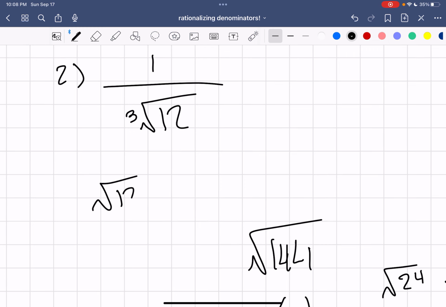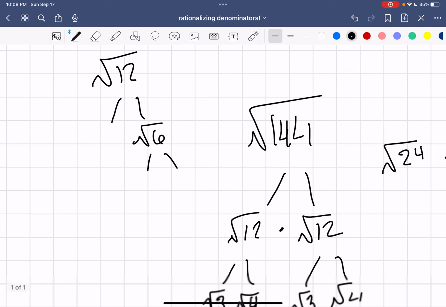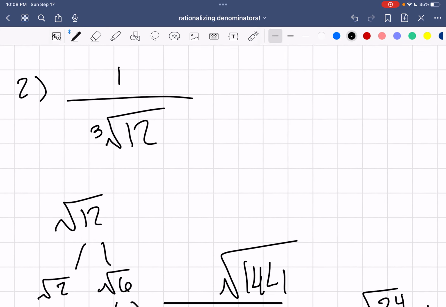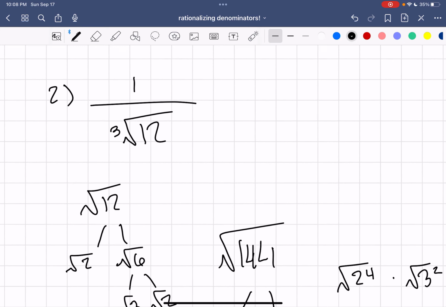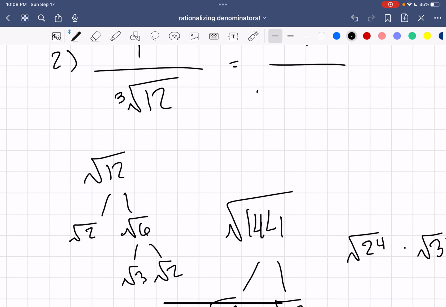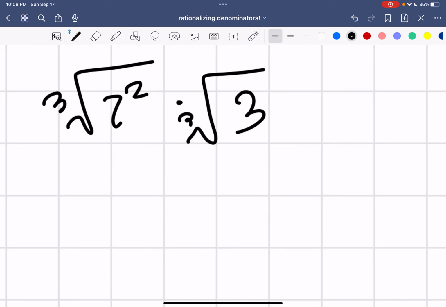So the square root of 12 is the same thing as the square root of 6, which can also go into 3 and 2. And the other one is 2, so that means this is equal to 1 over the cube root of 2 squared, because there's 2 of these, times the cube root of 3.